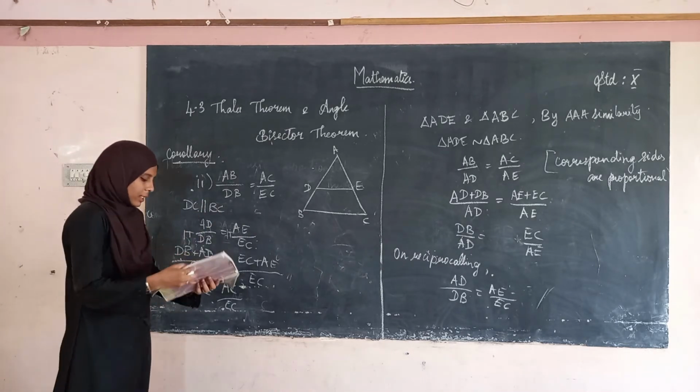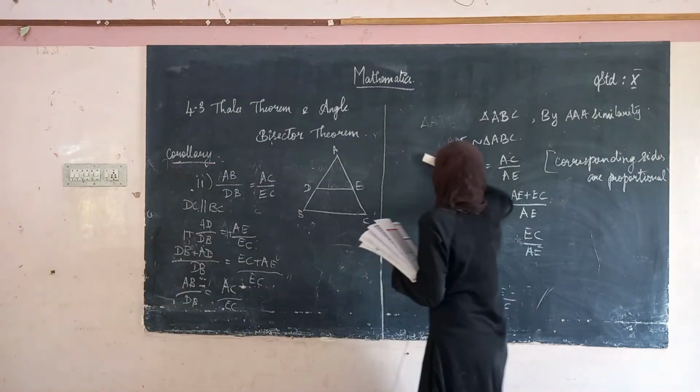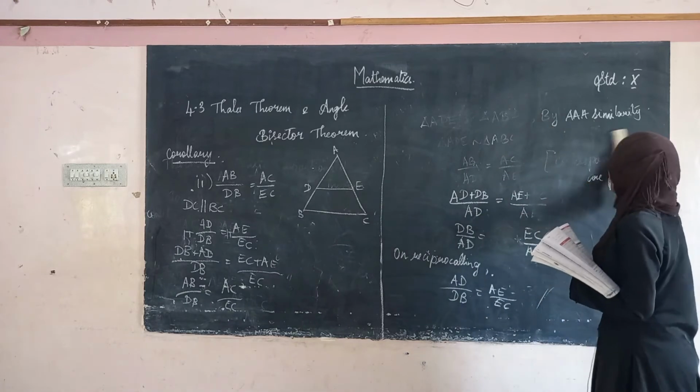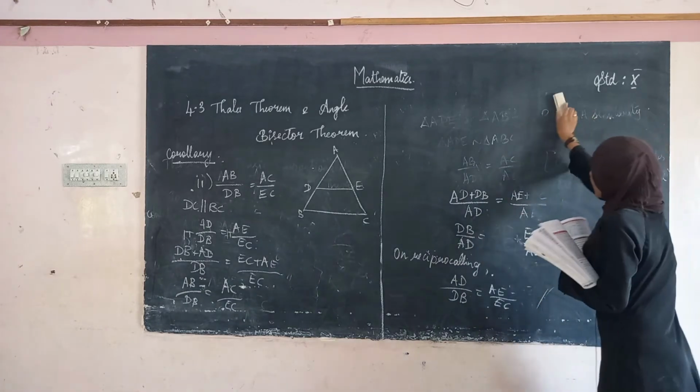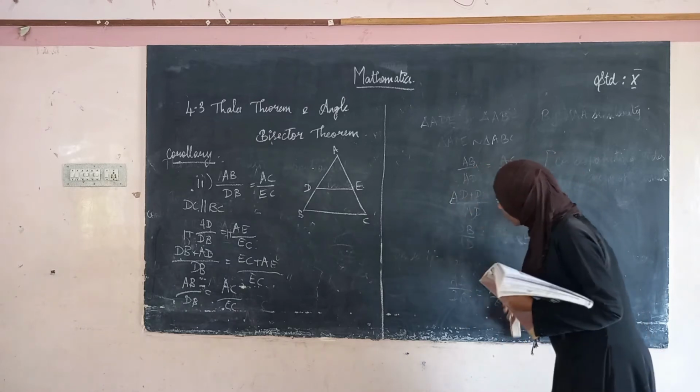Okay, next is, we have seen the basic proportionality theorem. Basic proportionality theorem is also called as the Thales theorem, right? So, now we see the basic proportionality theorem and the corollary following that.